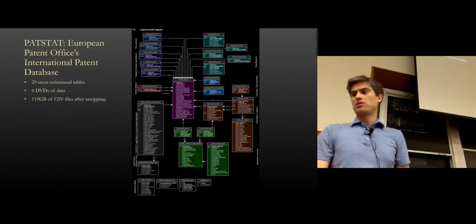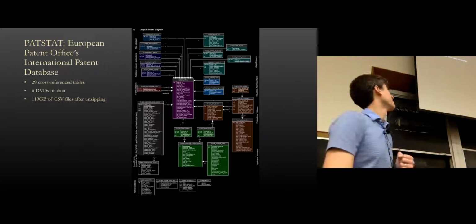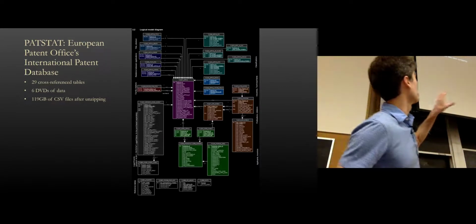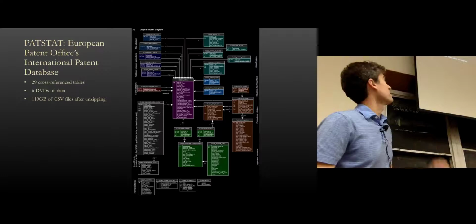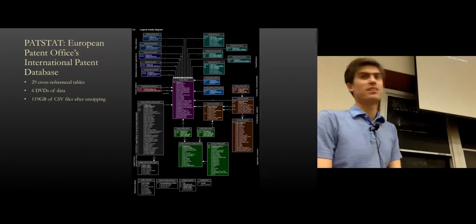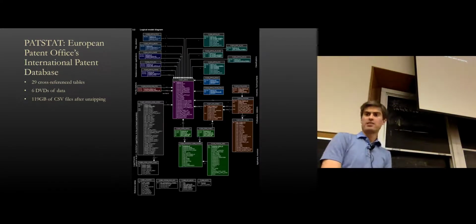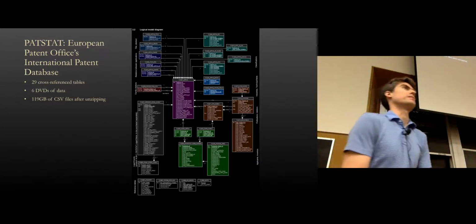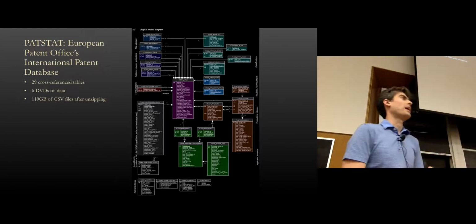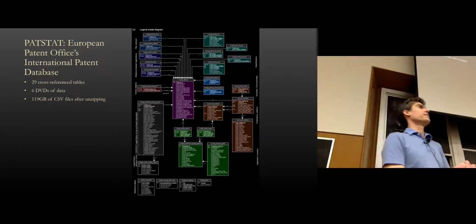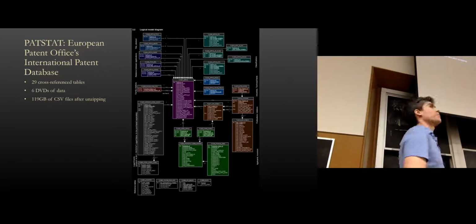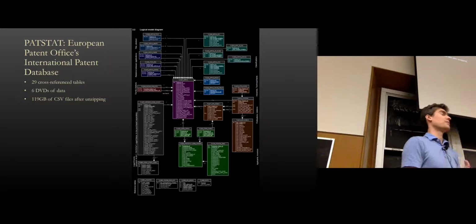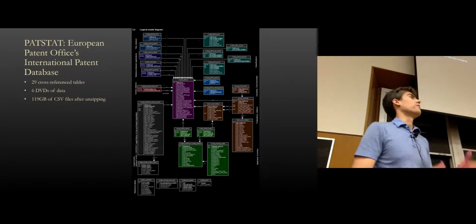But in the real world, you may have very complex data. I don't expect you to be able to read this, but this is an example of a really complex data set. It is the PatStat, European Patent Office's International Patent Database. I'm sure you guys know what patents are, but what makes this complex is the fact that patent documents can be very different. They're all text documents.